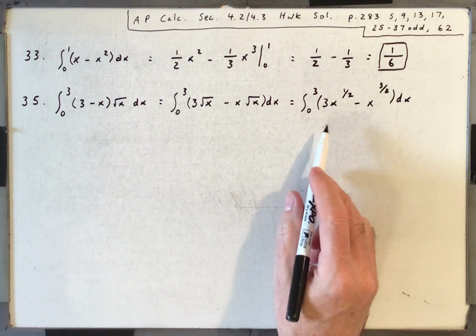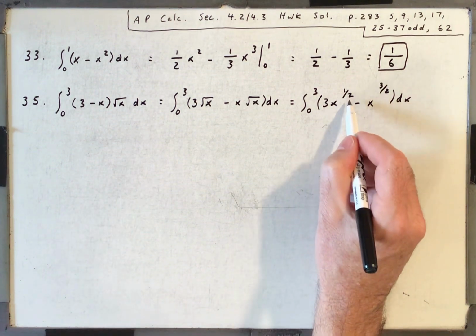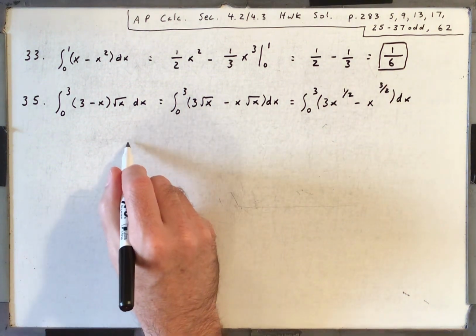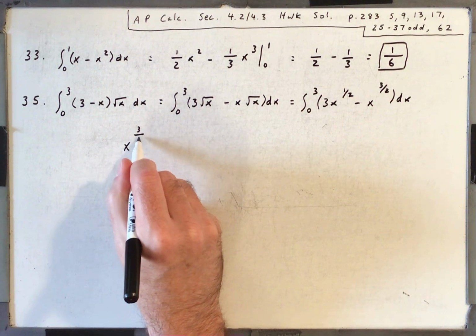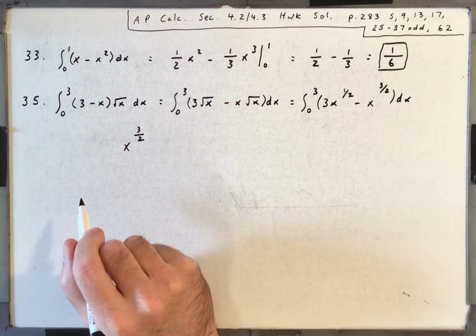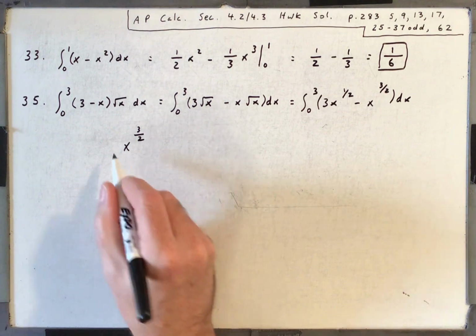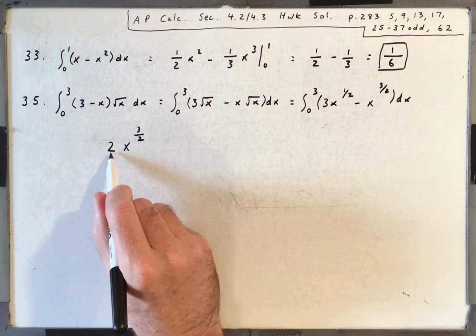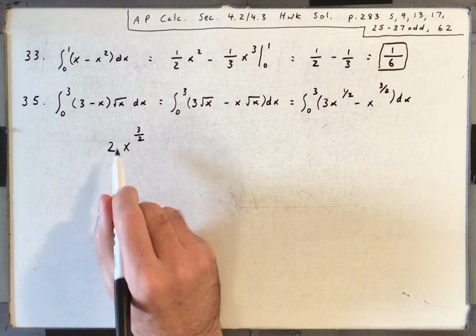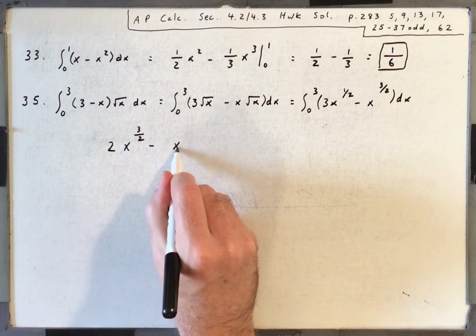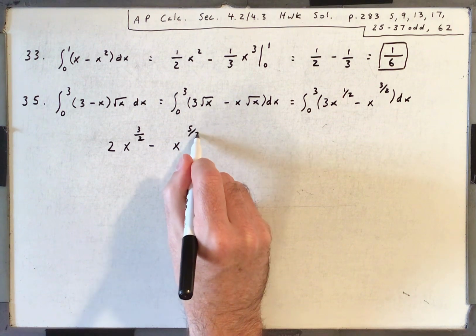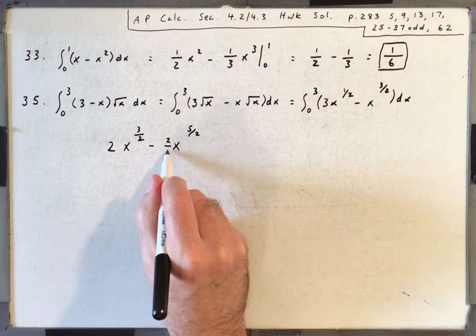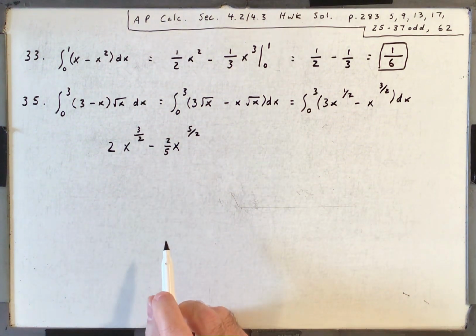Okay, now we can take the antiderivative. Add 1 to the exponent, that'd be 3/2. And I would need a 2 out front, because 3/2 times 2 would give me 3. Minus x to the 5/2, and I would need a 2/5 out front.